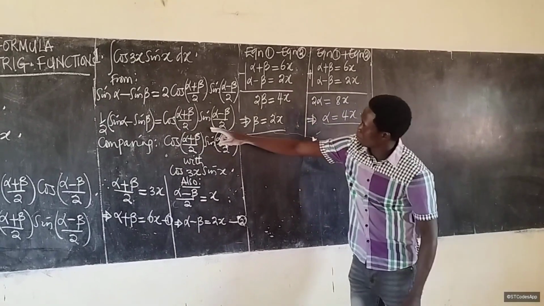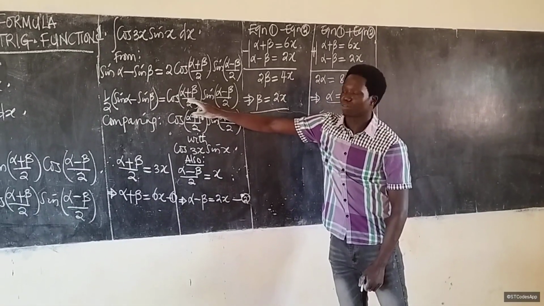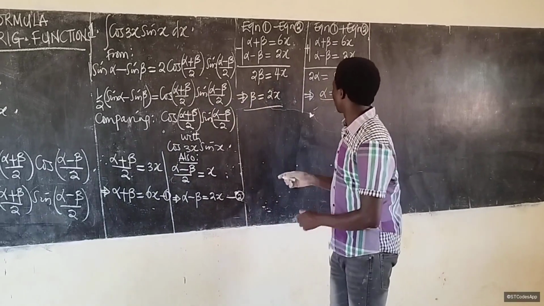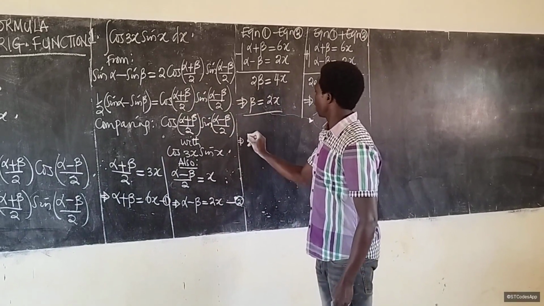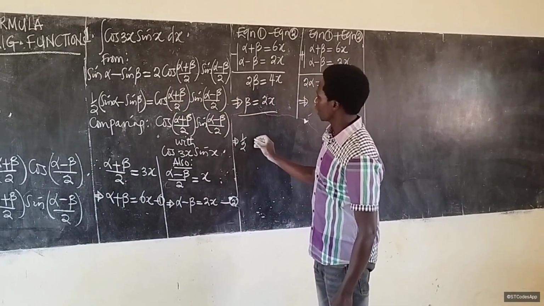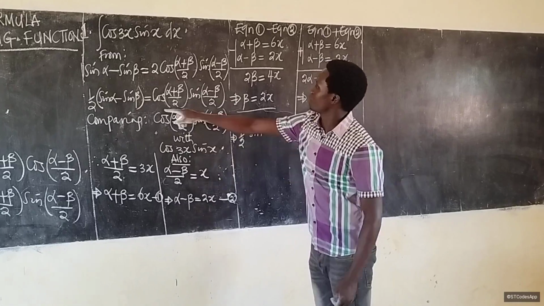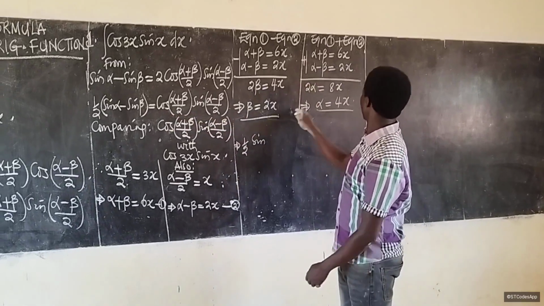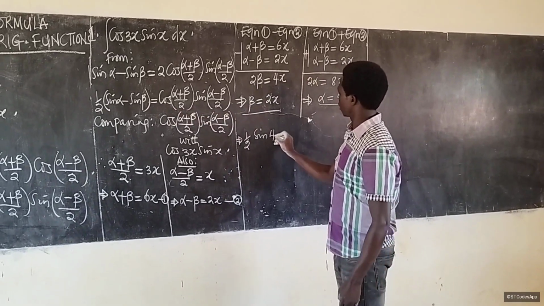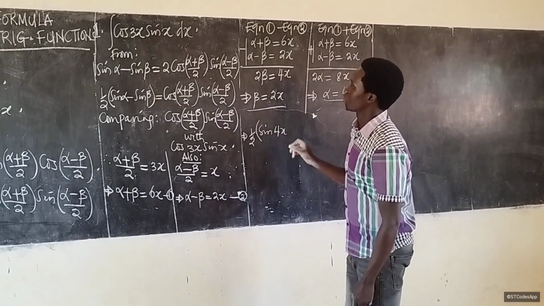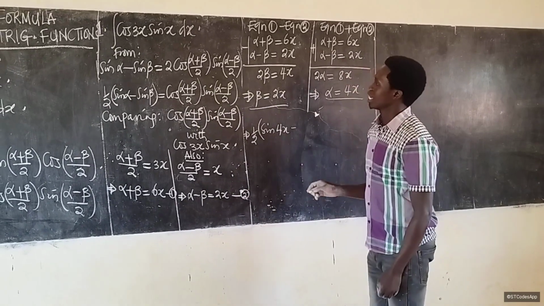So we can come back and replace for alpha and beta back here. That implies that I will have a half sine of alpha, the sine of alpha is 4x, minus sine of beta.